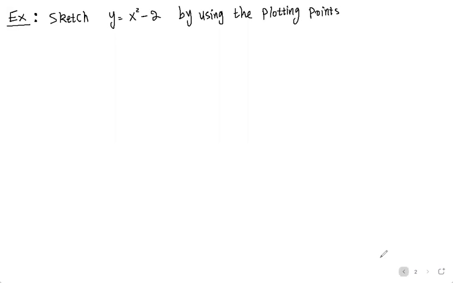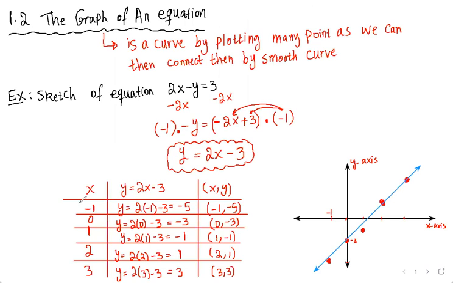So the same idea here, we have to take a random value x and plug it inside the formula, get the y, then we get the points. These points we represent in the xy coordinate plane.